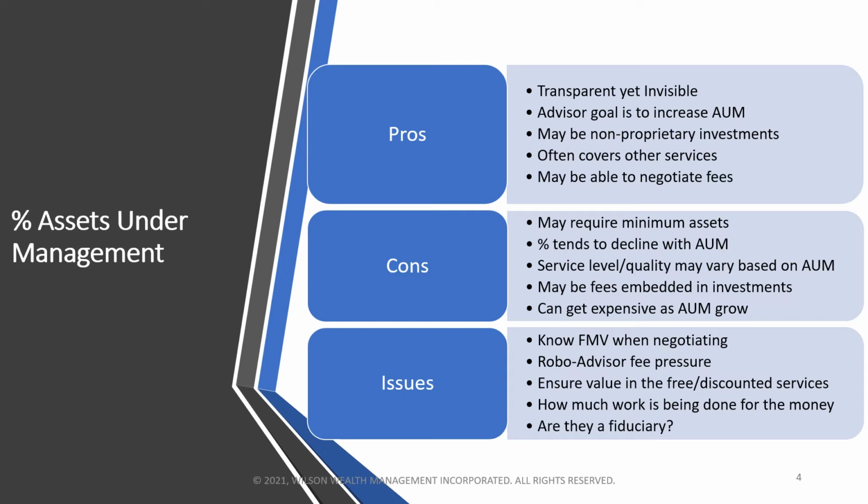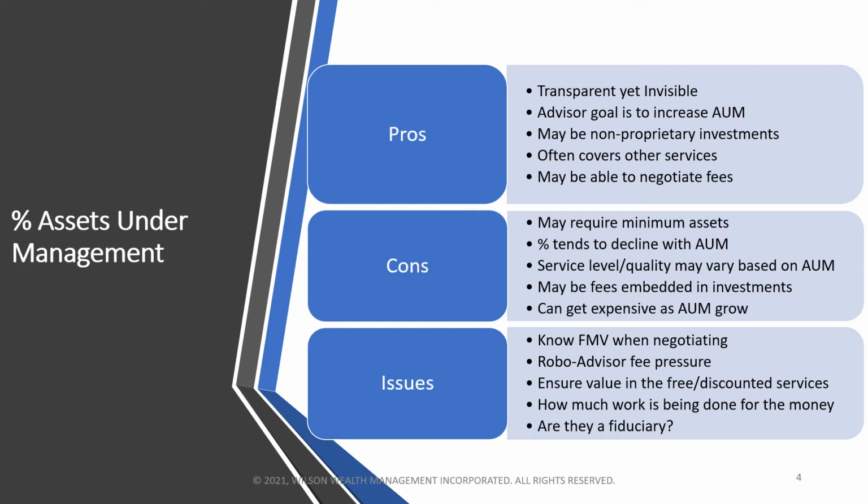The other con might be that even if you hit that minimum level, you're going to pay a higher relative percent than someone with more money. It's that economies of scale type thing. So if I bring in 2 million, then I might get a deal as opposed to just 1 million.